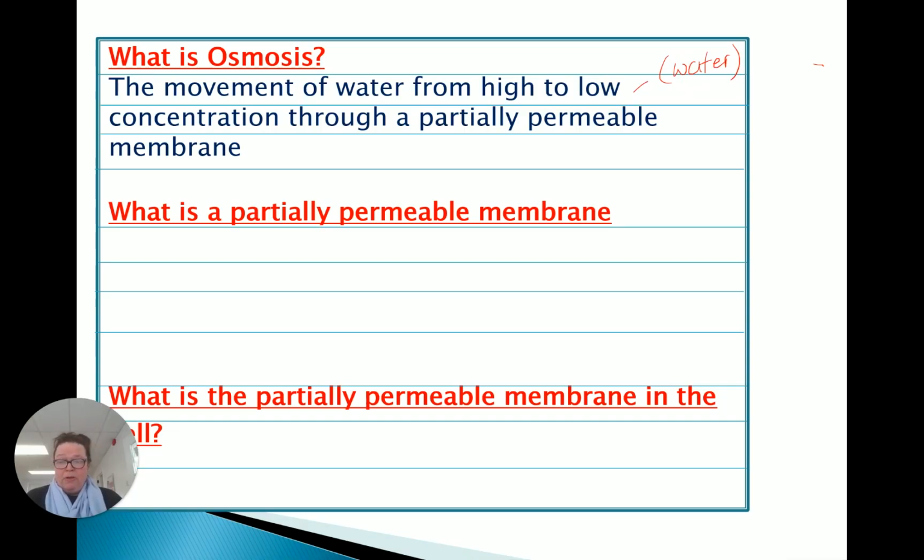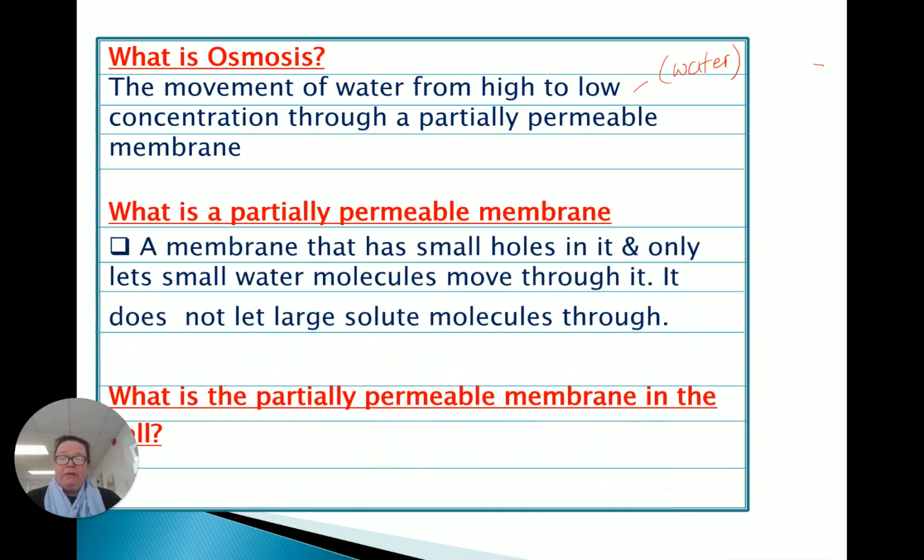Now then we need to know what a partially permeable membrane is. So that is a membrane which has tiny holes in it, and some substances are let through and some substances are not. So it has several different names. Partially permeable is one. Different teachers do different ones.